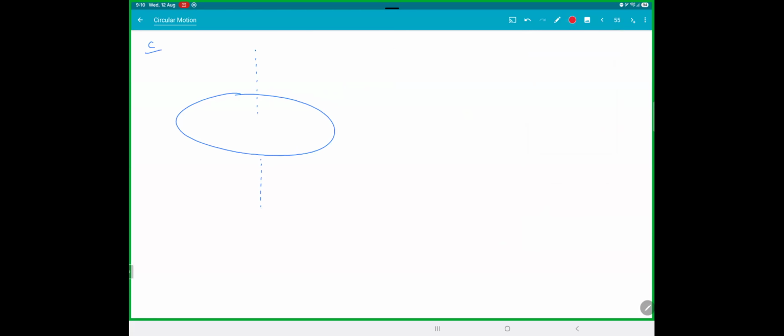Now we are asking person C to solve. Now C is also accelerating. C himself is going with an acceleration omega square capital R. This is the acceleration of C. Meaning C is having an acceleration now. And now if you ask C to solve the problem, he will say, okay, there is a normal reaction.